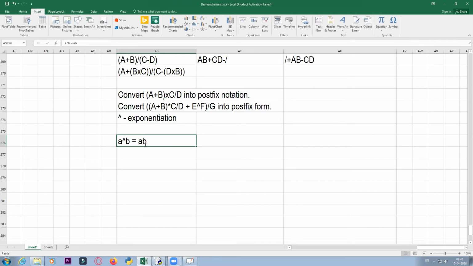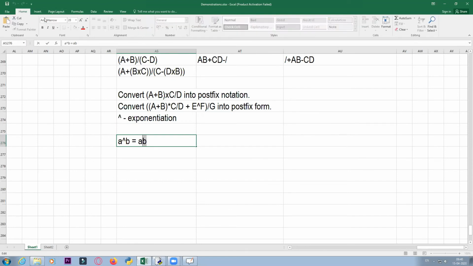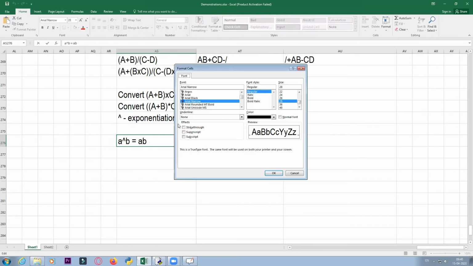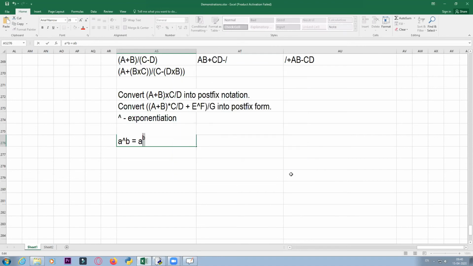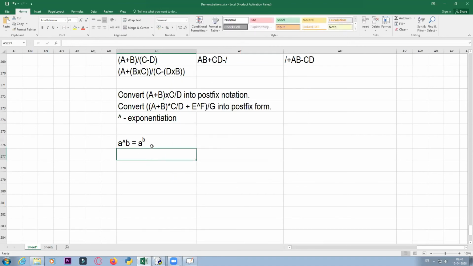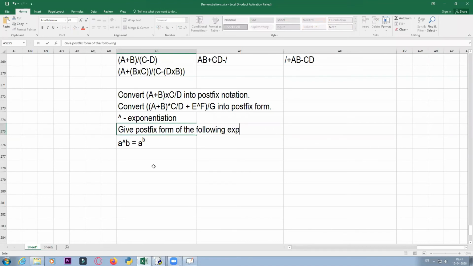I'll use the superscript form here. So this is what it means, A raised to the power B. Another question I'll be giving you. Give postfix form of the following expression.